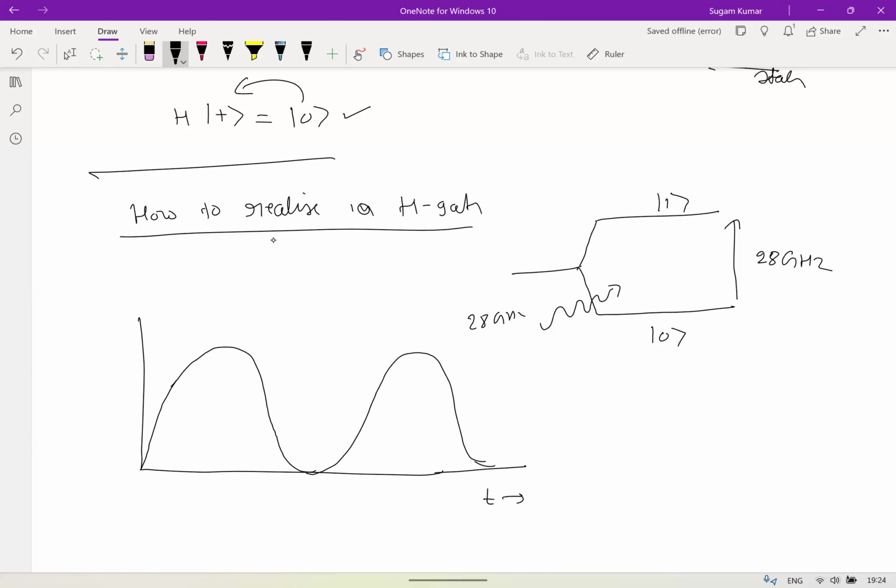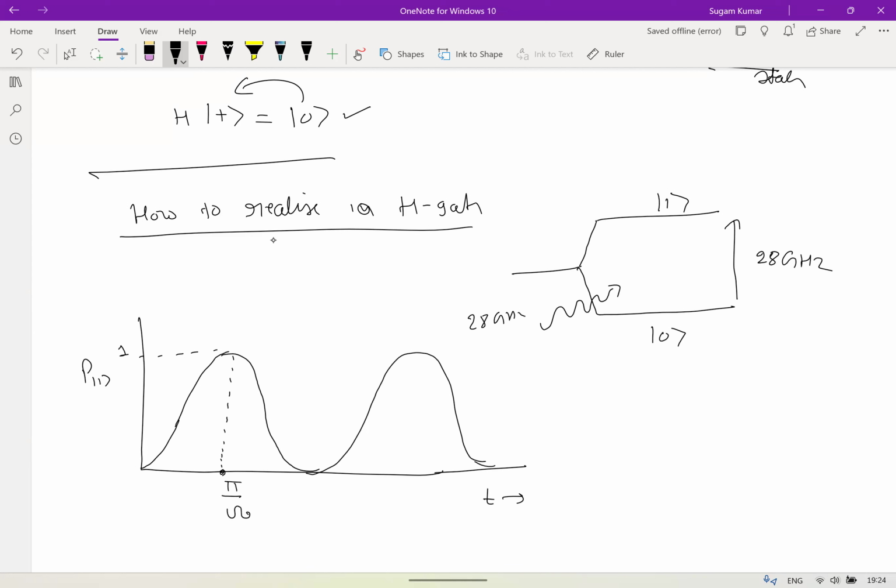So here is the time, and here the probability of state 1. So you can see that at this position, what is the time? Pi upon omega.